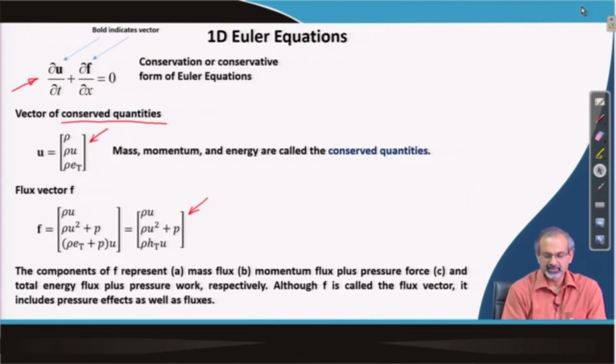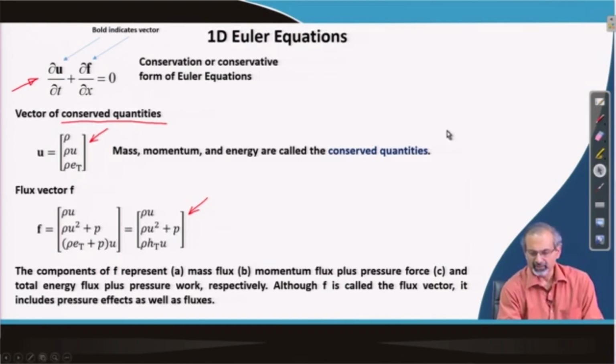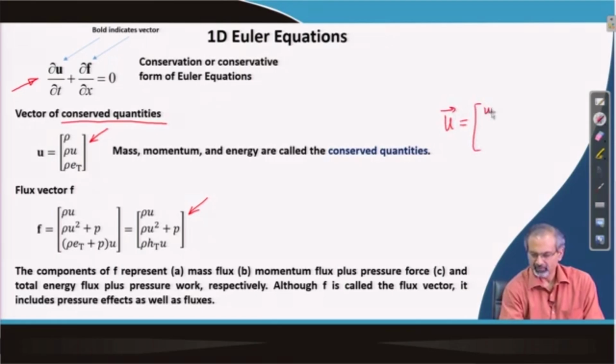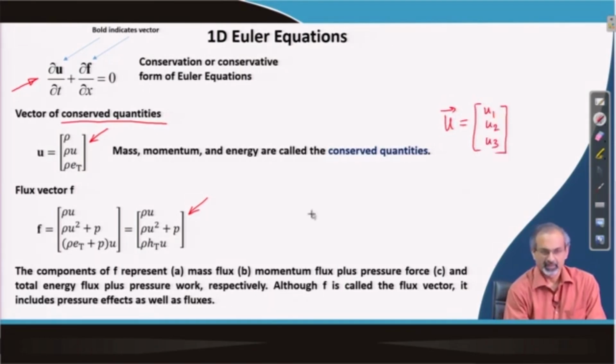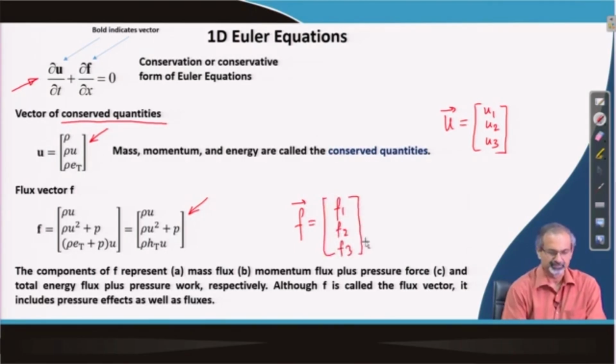So, these comprise the different components of the flux vector. So, we may very often in vectorial form represent this vector u by its components u1, u2, u3, and the flux vector in terms of its three components f1, f2 and f3.